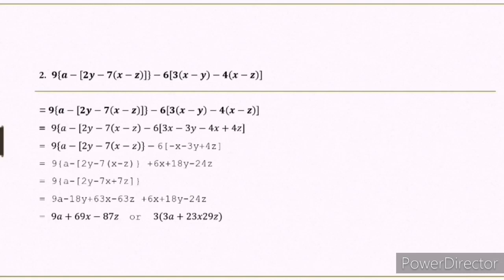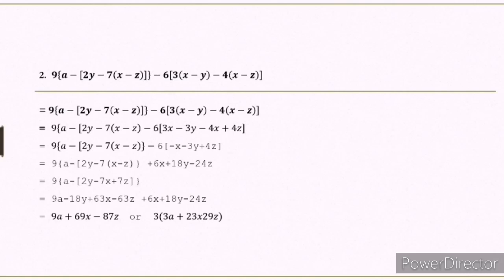Then 9, quantity 9, then quantity a minus quantity 2y negative 7 times negative 7x plus 7z. Then 9a minus 18 plus 63x minus 63z.